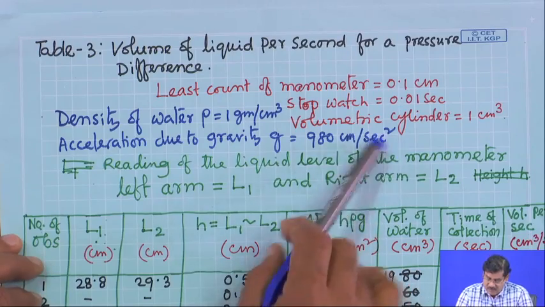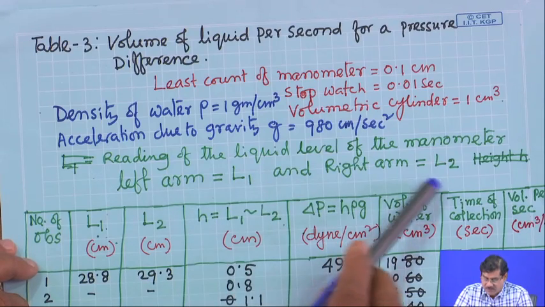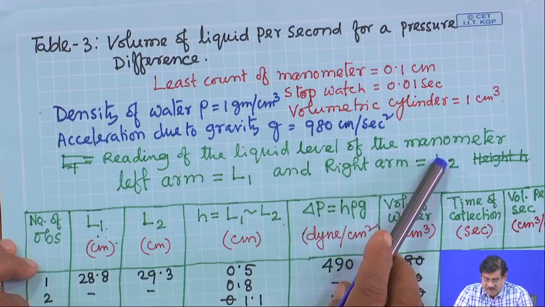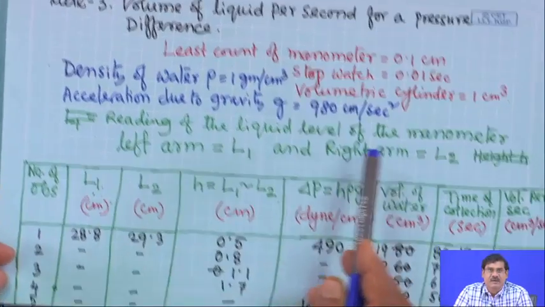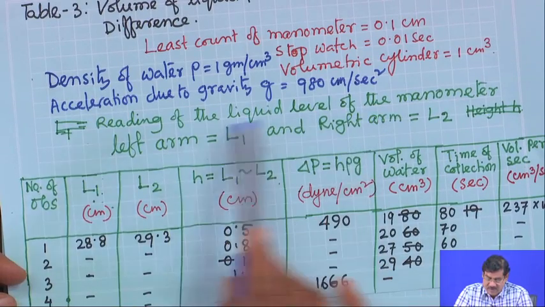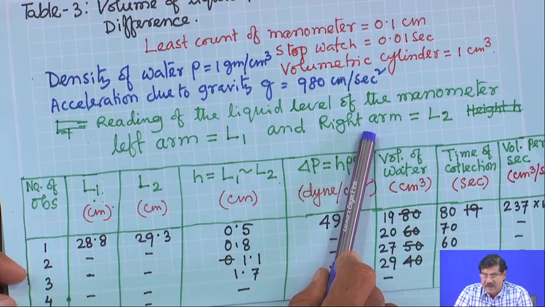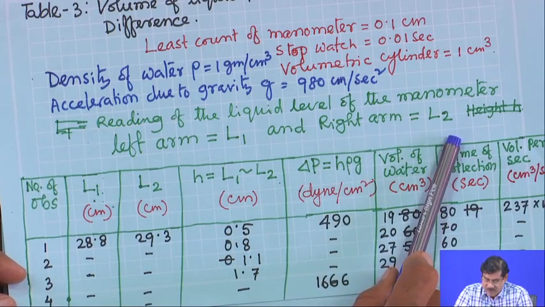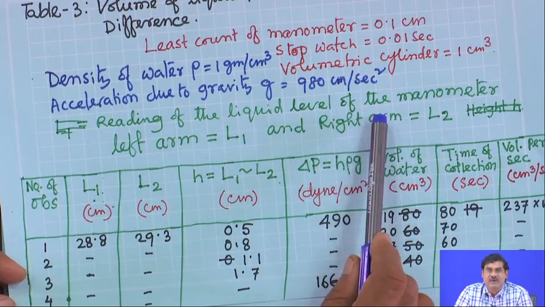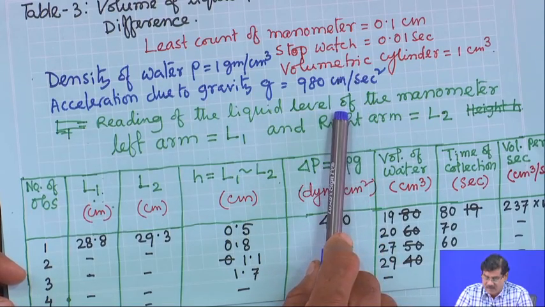Now, here I have defined 2 parameters, L 1 and L 2. What are L 1 and L 2? The readings of the liquid level of the manometer. The manometer has 2 arms, as we have seen. The reading of the left arm is L 1, and if the right arm reading is L 2, then L 1 minus L 2 or L 2 minus L 1 will be the height of the water column in the manometer.